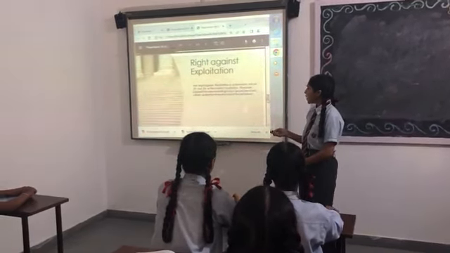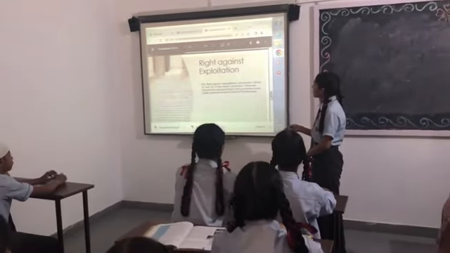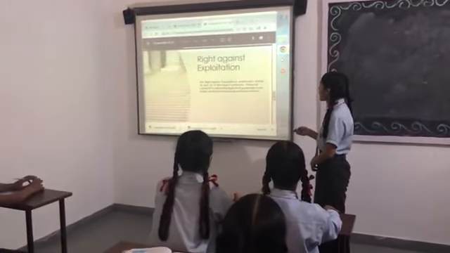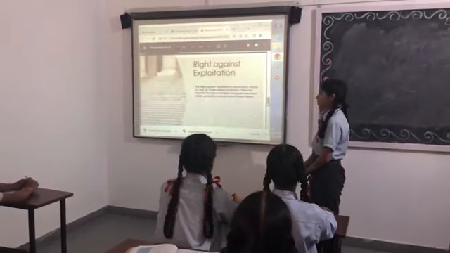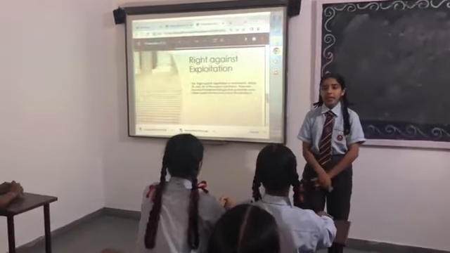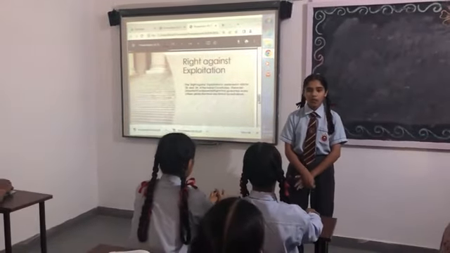Right against exploitation. The right against exploitation is written in Articles 23 and 24 of the Indian Constitution. These are important fundamental rights that guarantee every citizen protection from any kind of forced labor. In this, there are 3 types. First is human trafficking. Human trafficking means the buying or selling of people illegally across borders.